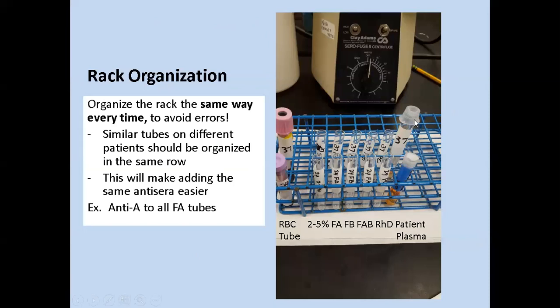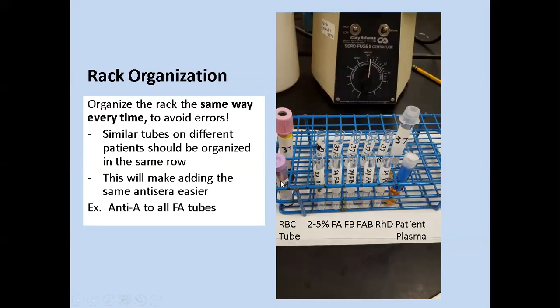So this is a picture of a rack that I set up last year. And so rack organization is critical as well. And I suggest you organize your rack the same way every time. That way you don't make mistakes. So here you're going to see, this is a good example.